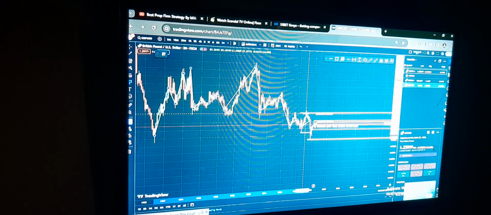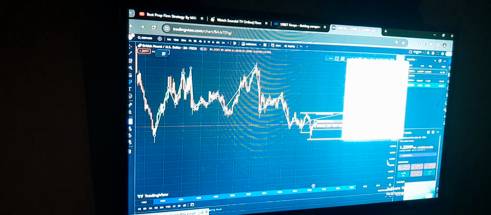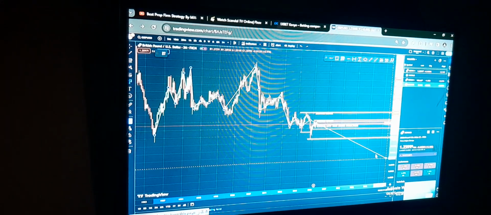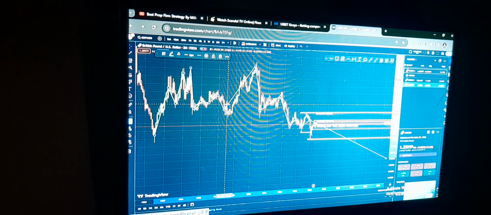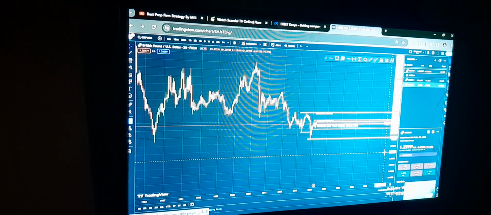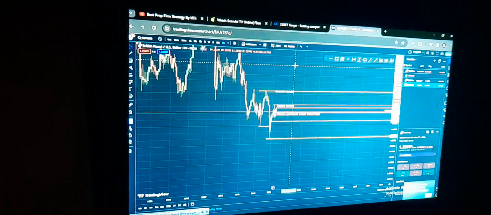As you can see, I've labeled this place as my 3 month range. Let me just get rid of that. This is the place that I'm talking about. As you can see, this is my 3 month range.